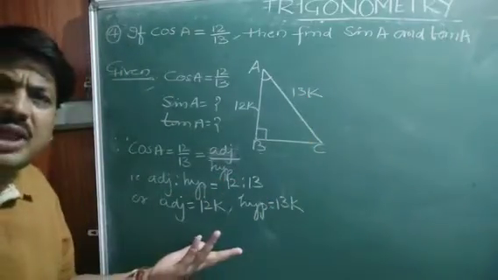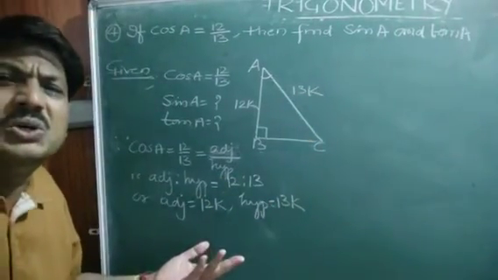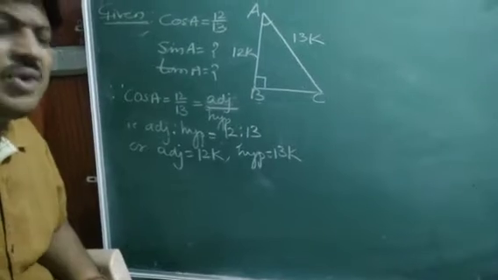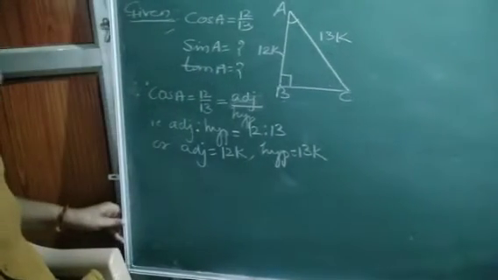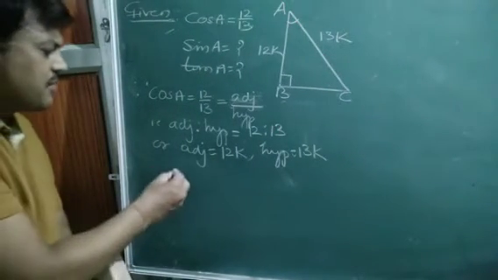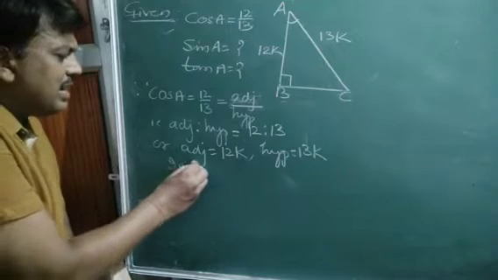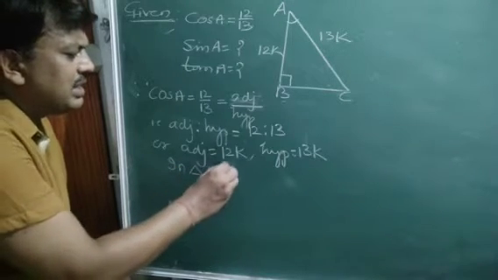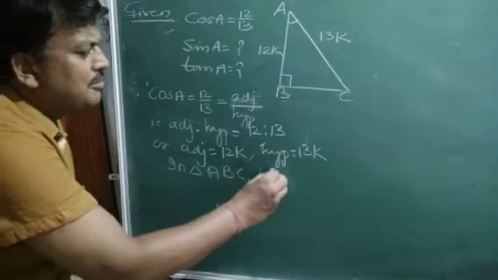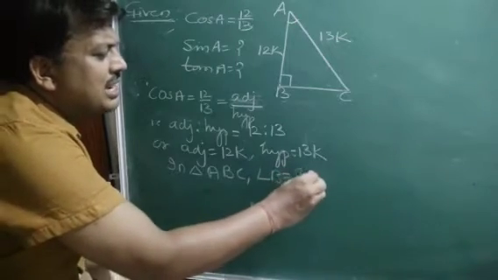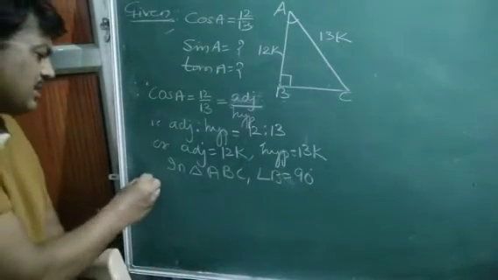Now, children, the same thing again we have to do. What is the same thing? We have to find out the third side. How can we find the third side? In triangle ABC, angle B is equal to 90 degrees.